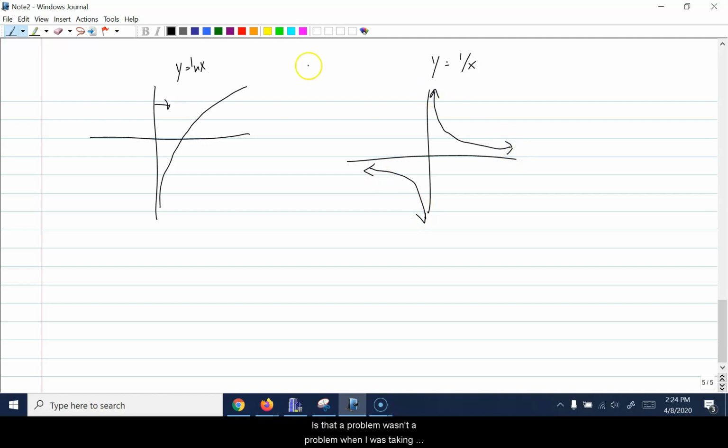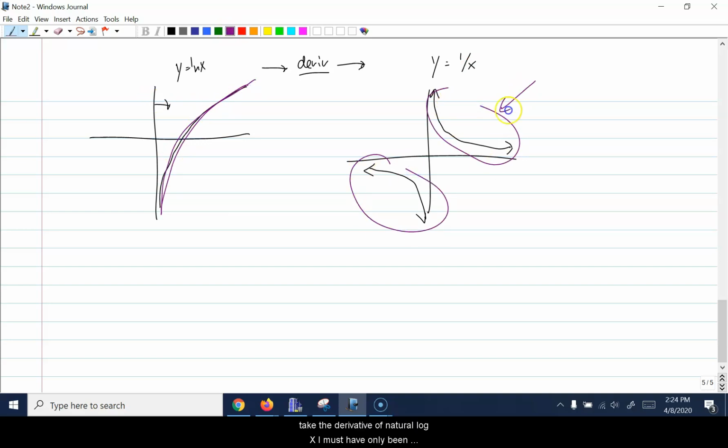Well, it wasn't a problem when I was taking the derivative. When I try and take the derivative of a function, like the formula 1 over x gives me both branches of this, but when I'm trying to take the derivative of natural log x, I must have only been talking about this branch, because that's the only place I would ever ask for the derivative of natural log, right? When you give back more answer than the question asked for, that's not really a problem.